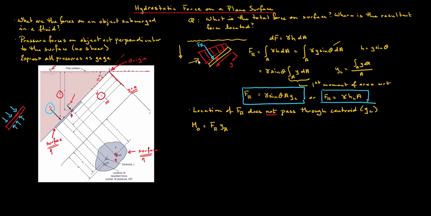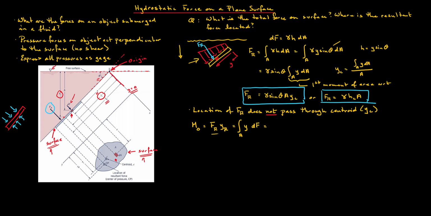Therefore, the moment described over here must be equal to the moment due to the distributed pressure force as well. So how would we express that? We have a bunch of small differential forces on these differential areas, and each one has a moment arm of y. And we would integrate this over the entire area. So the moment due to the resultant force must be equal to the summation of all the individual differential forces.